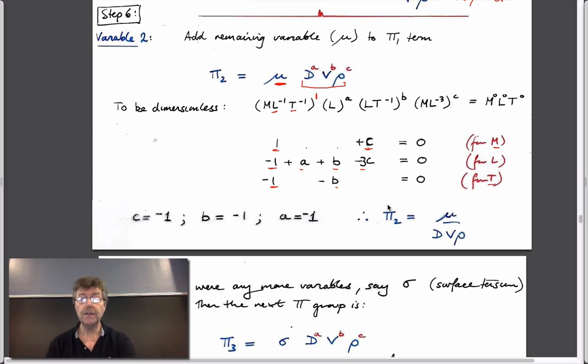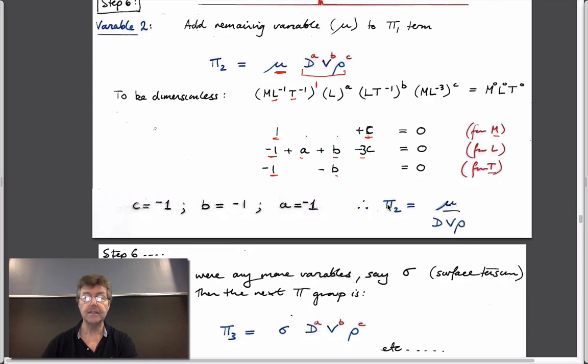It hasn't changed so much in this particular case, in that now we can get our value of C from this equation. We can get our value of B from this equation, which are these 2 here. And if we know each of the values of those, then we know that if C is equal to -1, and if we know that B is equal to -1, then it allows us to get our final remaining term.